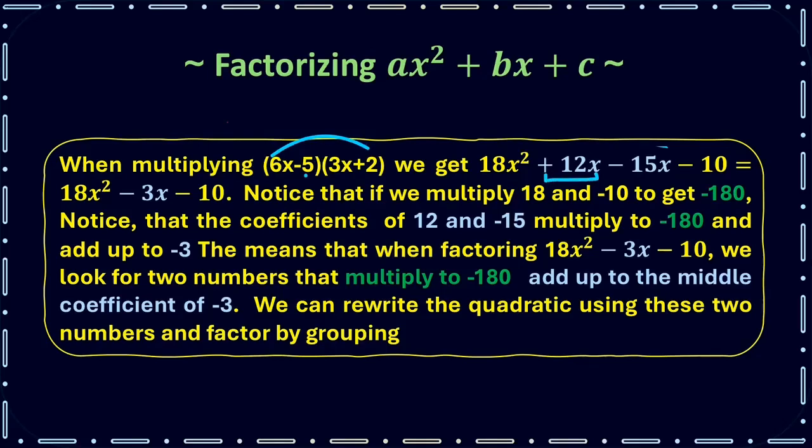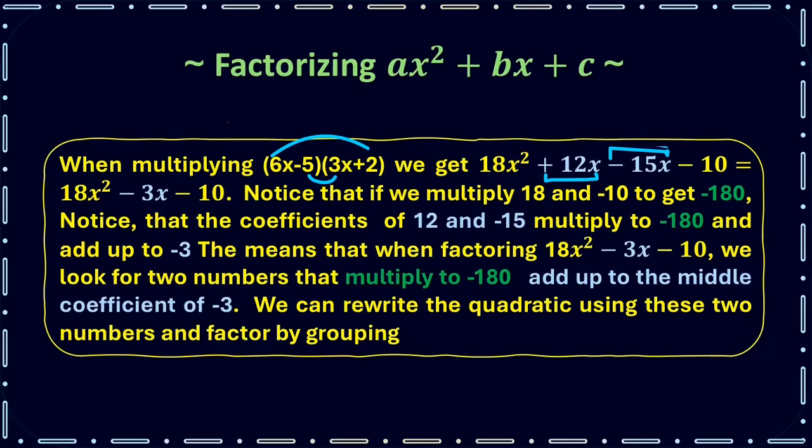We have negative 5 times 3x. That results in negative 15x. And then we have the product of negative 5 and 2 resulting in negative 10. Upon combining like terms, 12x minus 15x, we end up with negative 3x.